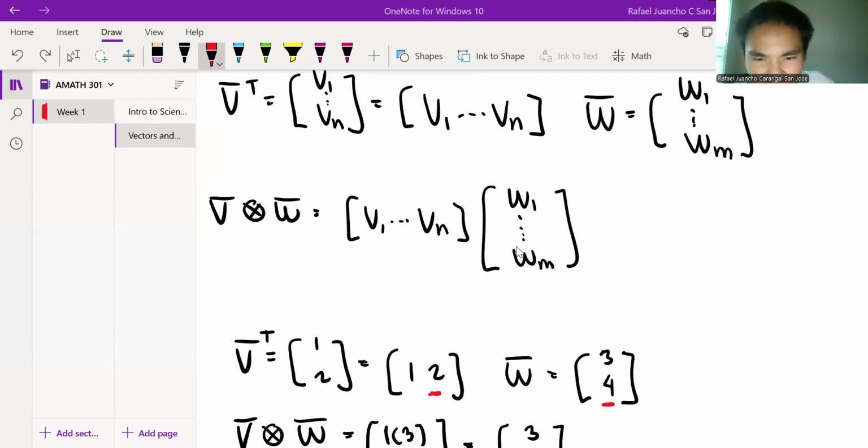Yeah. Wait. If we transpose V, what's going to happen? It's treated as a row vector, and it flips the rows and columns. Okay, I'm going to ask. You're right.